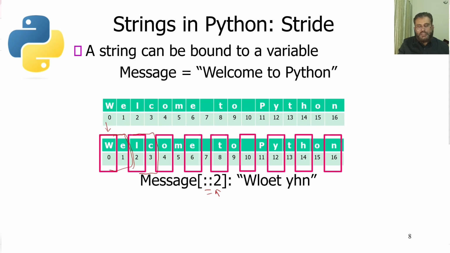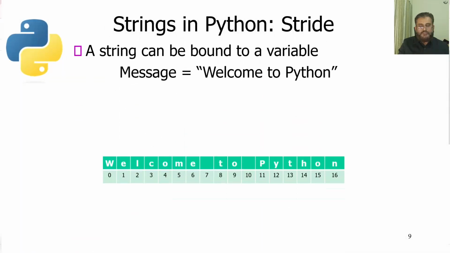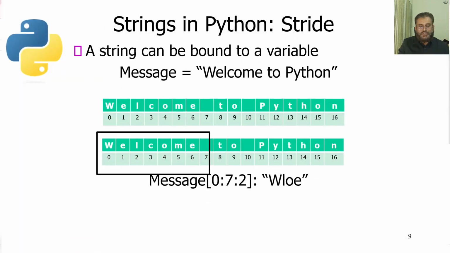We can also provide the start index and the end index for the stride, which we will see on the slide. For example, we give the start index to be 0 and the last index to be 7. We want to stride through this chunk of the string, and the stride length is again 2.